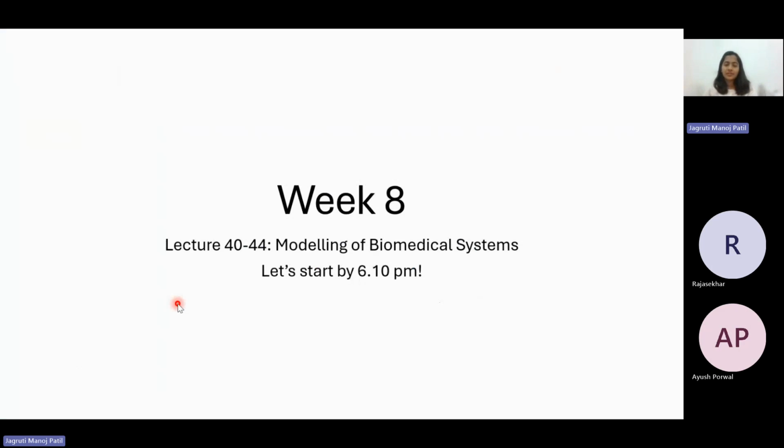This week is mainly for modeling of biomedical systems, and we had 5 lectures. The last lecture, on spectral and parameterization, I haven't covered, but it's just basic formulas. The previous lecture also has matrices, symmetric matrices, diagonal values, so you just have to look over them, and there are different algorithms for the same.